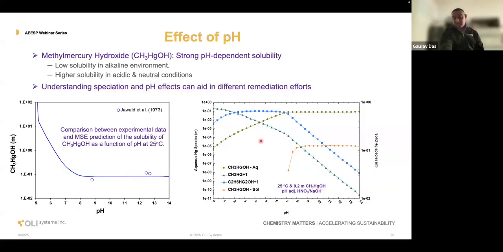Also, we can predict the speciation phenomena at low pH, where the solubility is very high, driven by the solubility of the methyl mercury +1 ion, while the dominating species in the intermediate pH transitions into dimethyl mercury hydroxide +1 species. However, at a higher pH, beyond neutral 7, the dominating aqueous species is the methyl mercury hydroxide neutral species, where most of the methyl mercury precipitates as hydroxide.